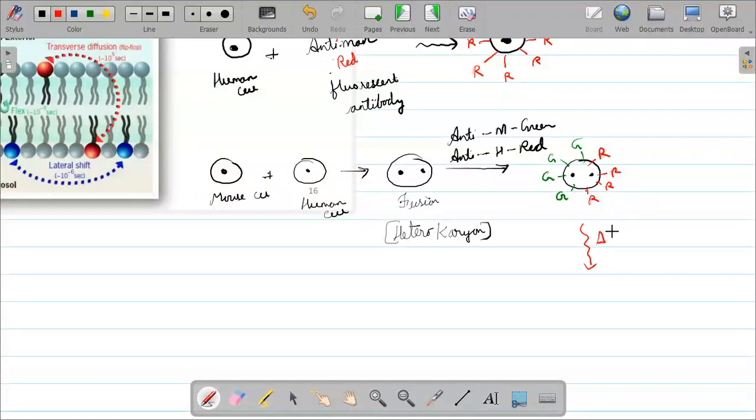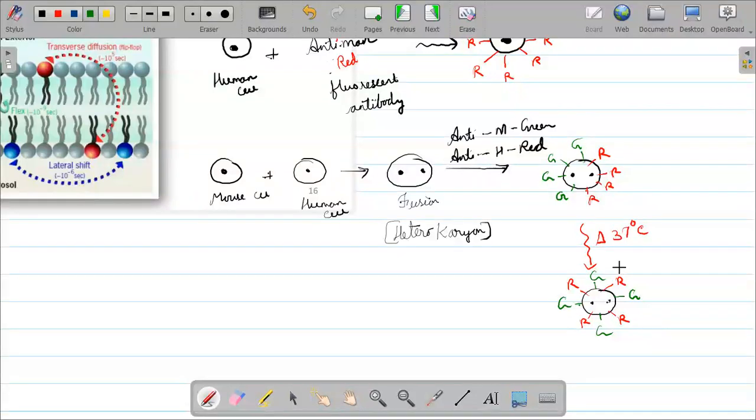When they heated at 37 degrees Celsius, half of them were red and half of them were green, but the distribution was different.